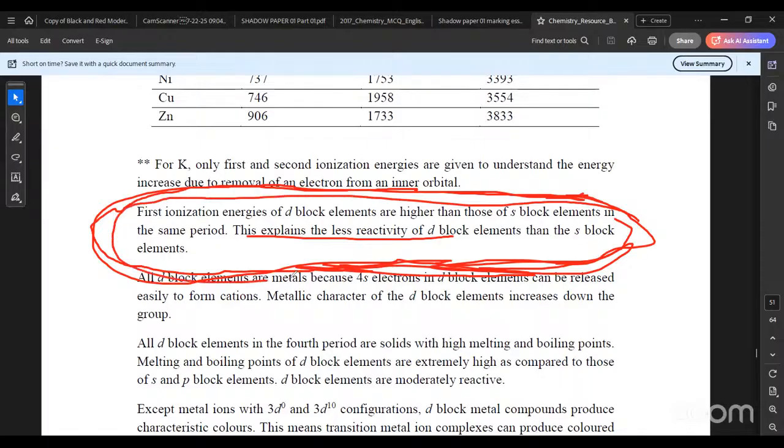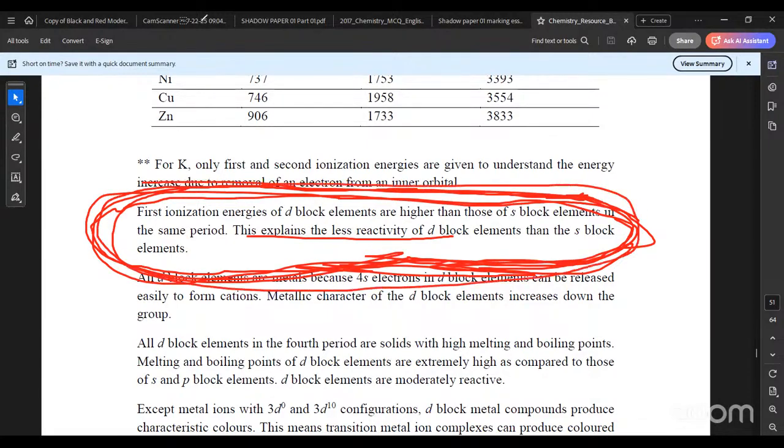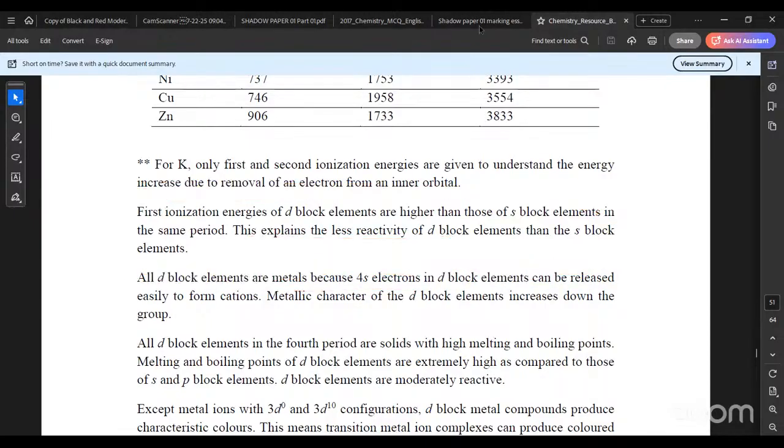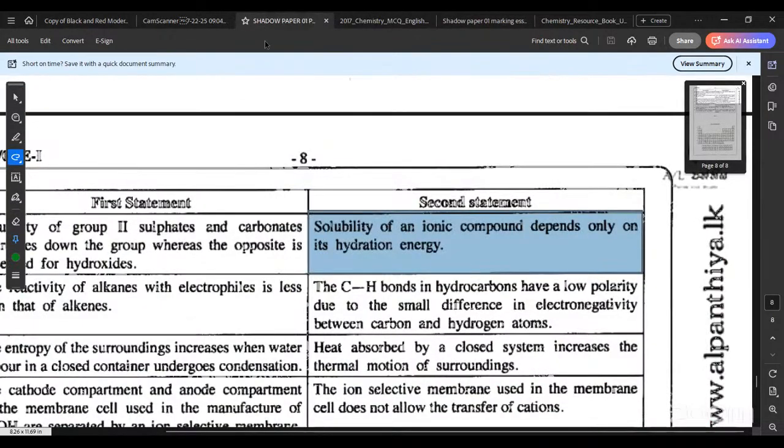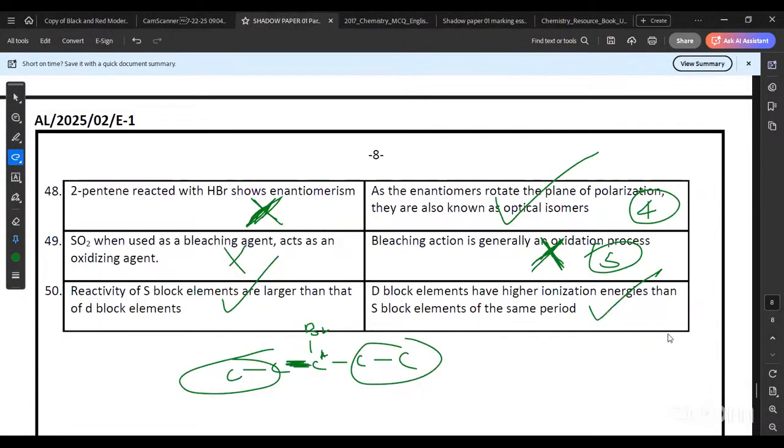Please highlight this, take a screenshot or whatever. First ionization energy of D block elements is larger. That is why it is answer number 1. Okay.